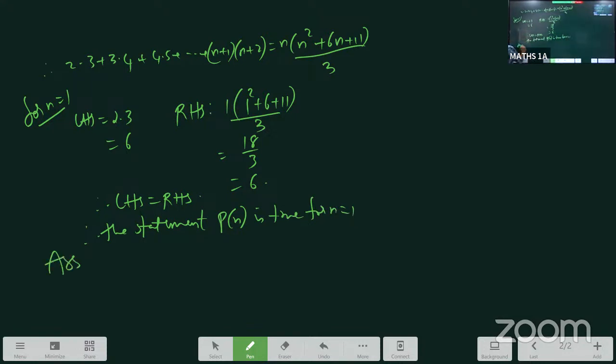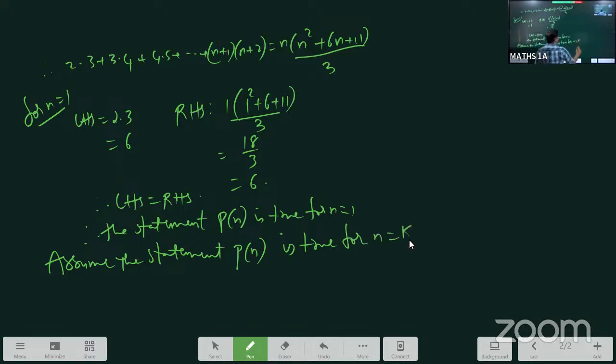Now assume the statement P of n is true for n equal to k. So directly, instead of n, you put k.